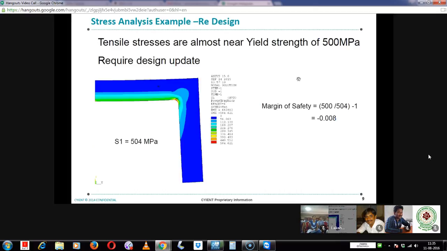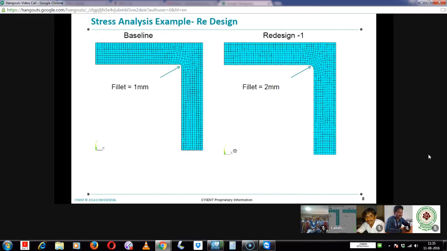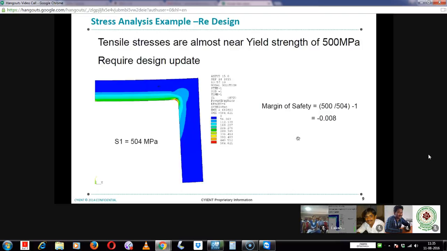Now when I solve with the same loads, for the modified fillet, the stresses came down from 638 to 504. Still, we are seeing negative margin of safety, so we need to update the design further.